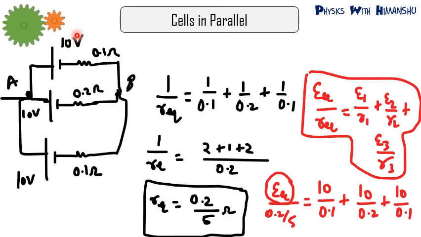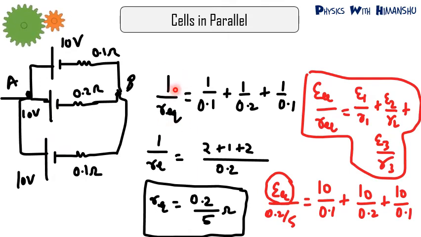In this question we have three cells, 10 volt, 10 volt, 10 volt. The first cell has internal resistance 0.1 ohm, the second cell 0.2 ohm, the third cell 0.1 ohm. Now I have to calculate E equivalent and R equivalent. All the positive terminals are connected to each other, so all the EMFs will be taken as positive. First we will calculate R equivalent.